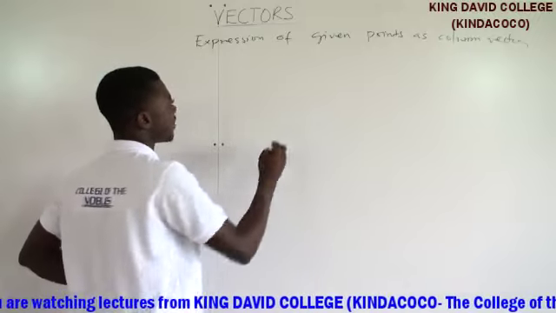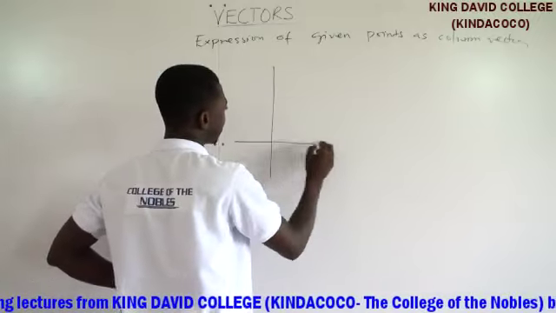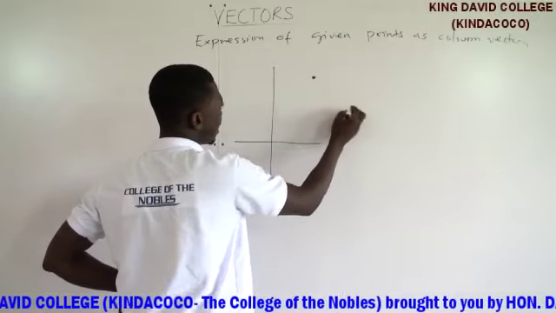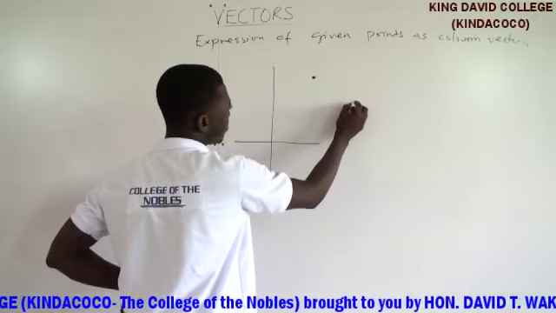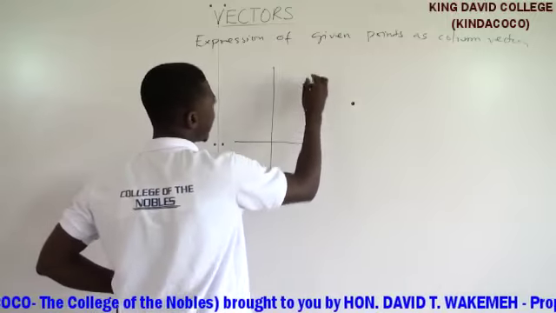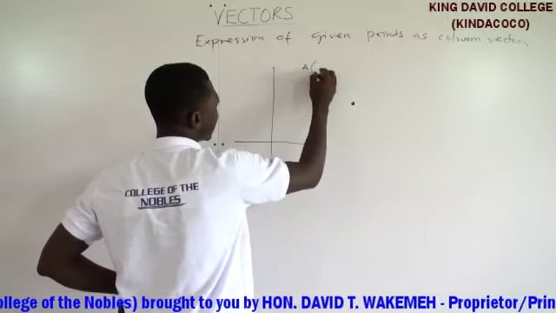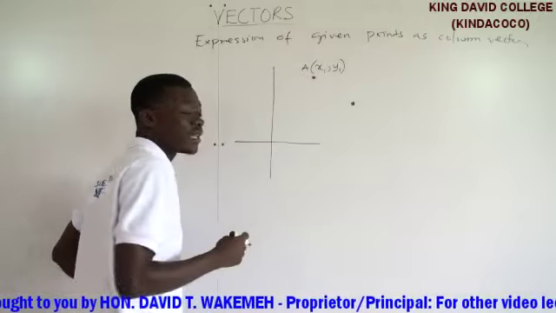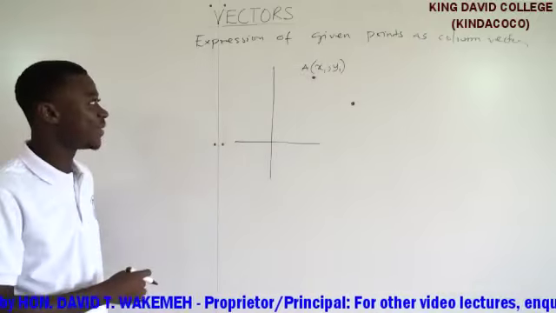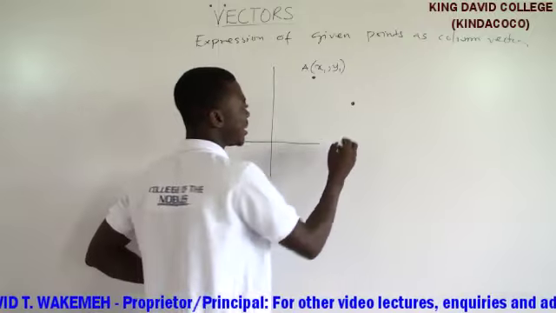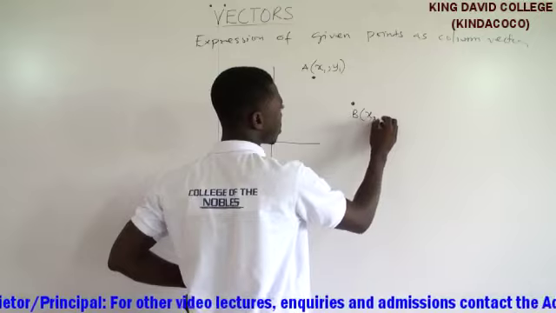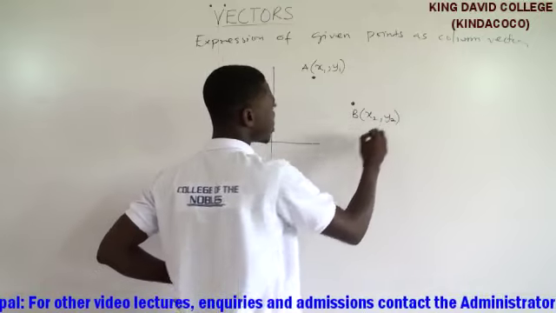Suppose we have a Cartesian plane here, and I give you a point A here, and a point B here. This point A is (x1, y1). You know we need coordinates, so you know what that is. And B is (x2, y2).